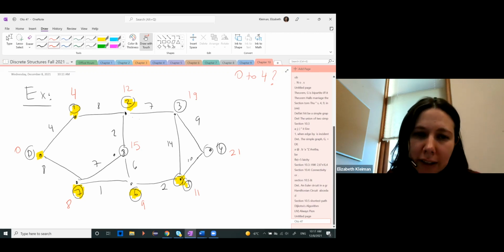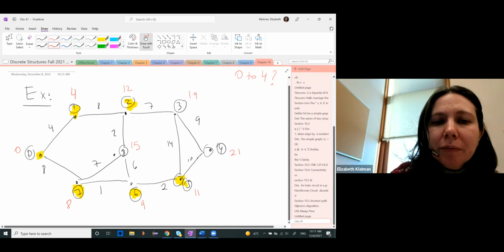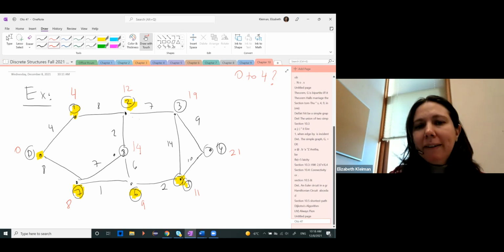I also can get from 12 to here, and I can get 14 here, right? So who do I pick next, 14 or 19?